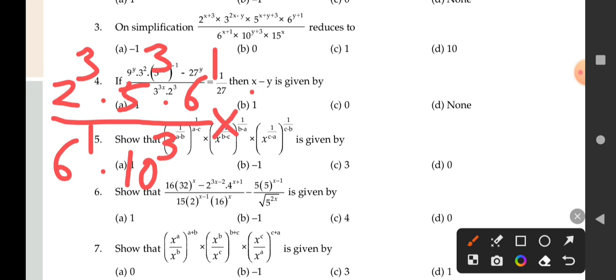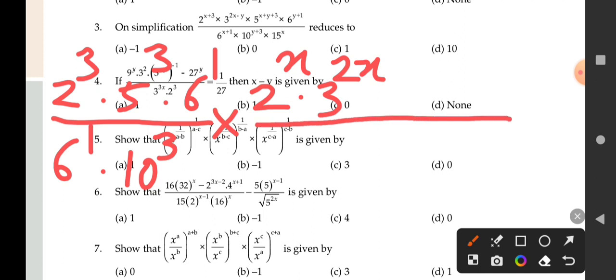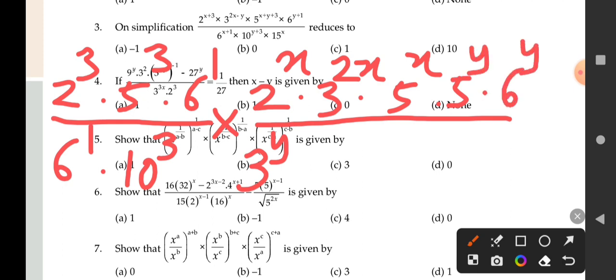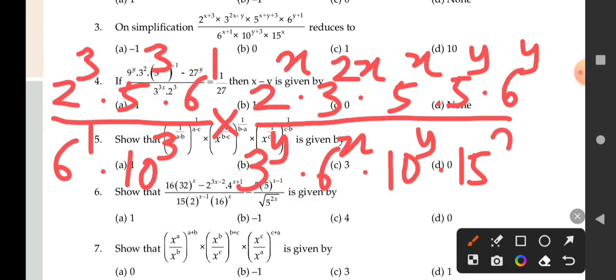Now the variable side, into 2 power x into 3 power 2x divided by 3 power y into 5 power x into 5 power y into 6 power y, okay, divided by 6 power x divided by 10 power y divided by 15 power x.